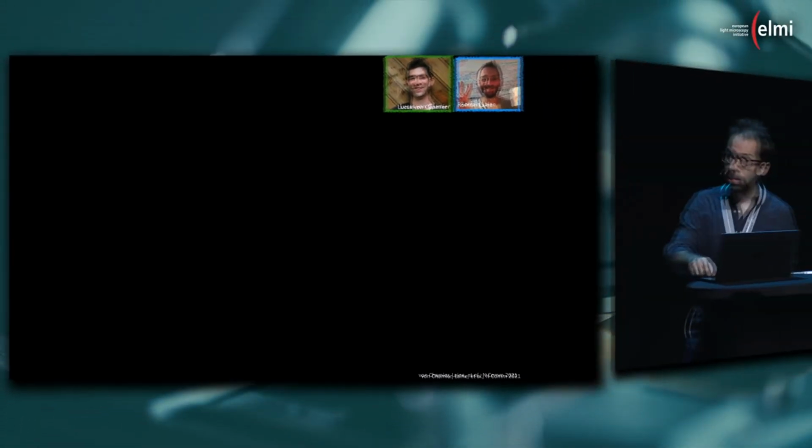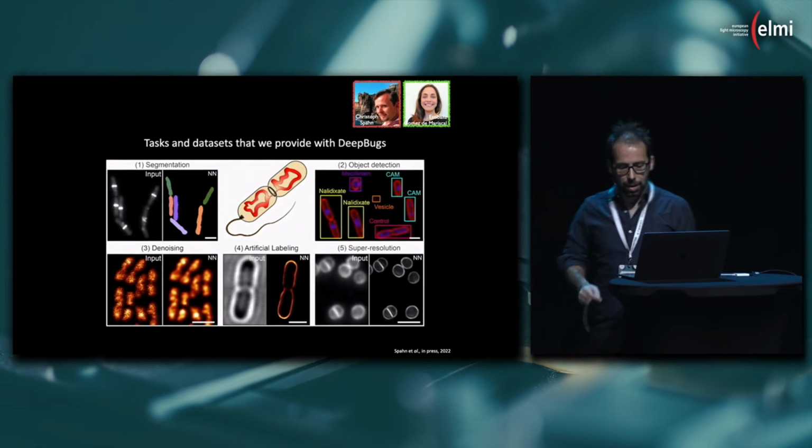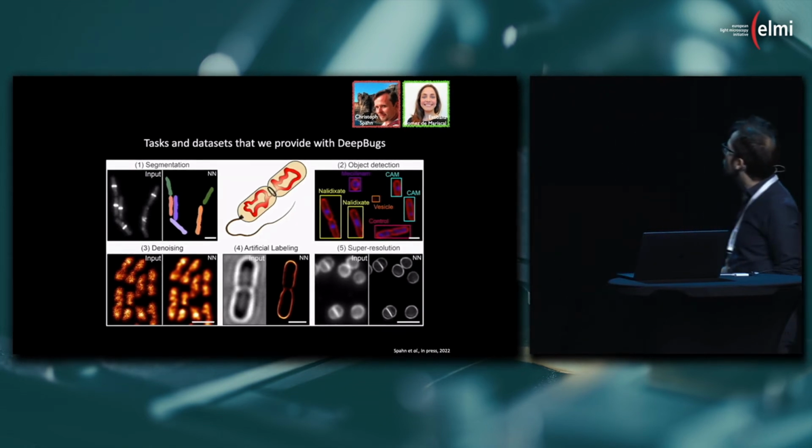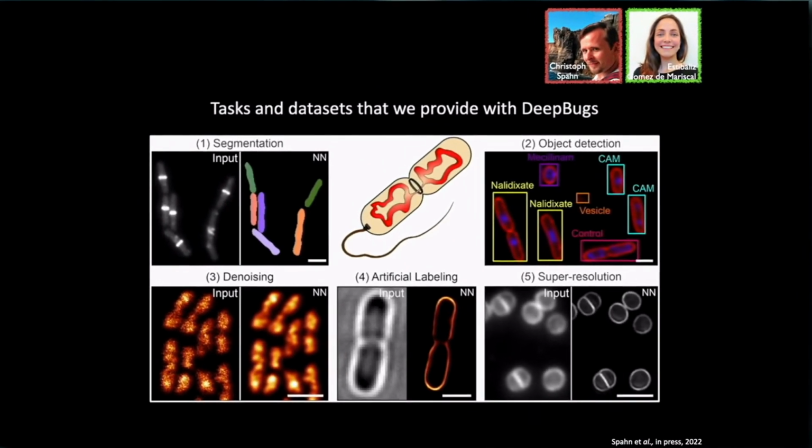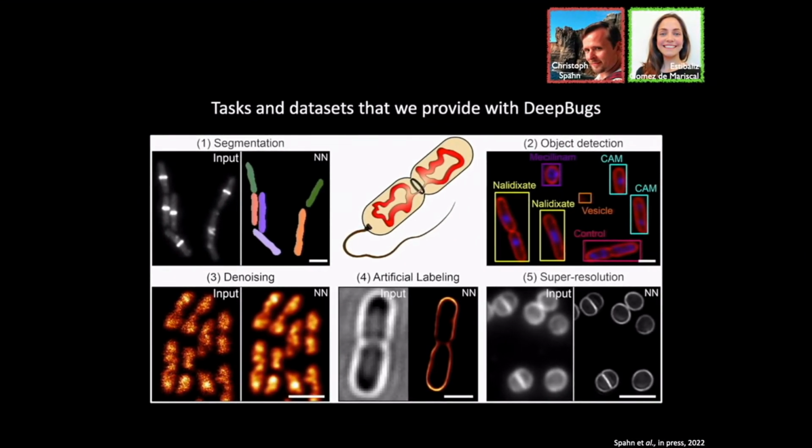You can see all those tasks and all the examples that we have on the GitHub website. And just to wrap it up, recently we've readapted a few notebooks that we had in ZeroCost, particularly dedicating them to bacterial imaging. A lot of the neural networks and models that you see out there have been developed for eukaryotic cells. So that allowed us to develop DeepBacs.